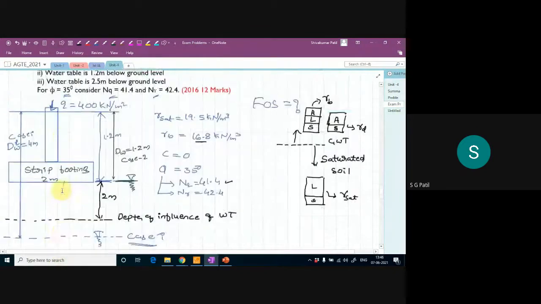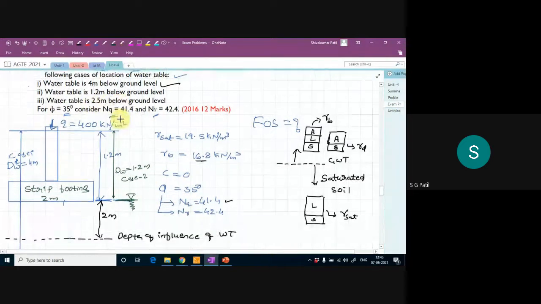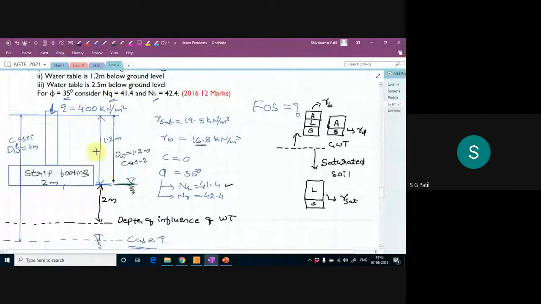What is case number 3? You see, the water table is 2.5 meter below the ground level. So that means it is somewhere here.